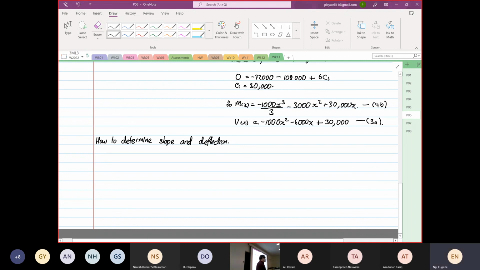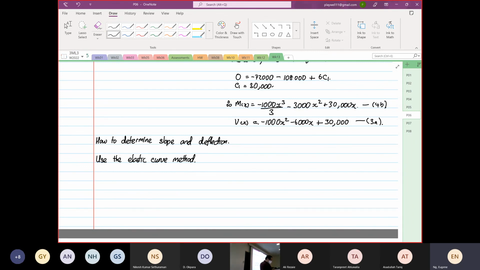Okay, so we are going to use the elastic curve method.